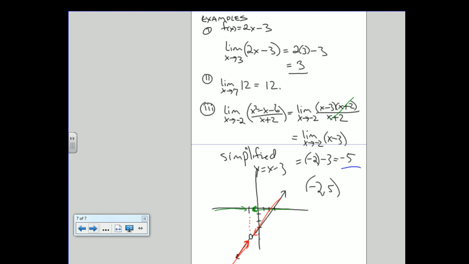The limit from the left equals the limit from the right, so therefore the limit exists, and the limit is negative 5. But is this function continuous at that point? No, it's not, because the original function does not exist at negative 2, because we can't plug negative 2 in right there. So, in summary, left limit equals the right limit, the limit exists. All right? Then we can look at algebraic methods.